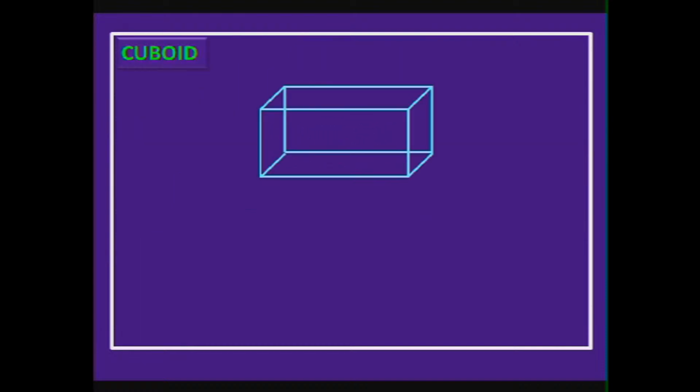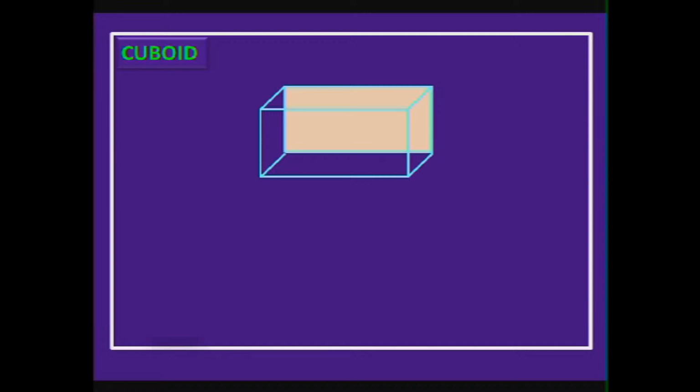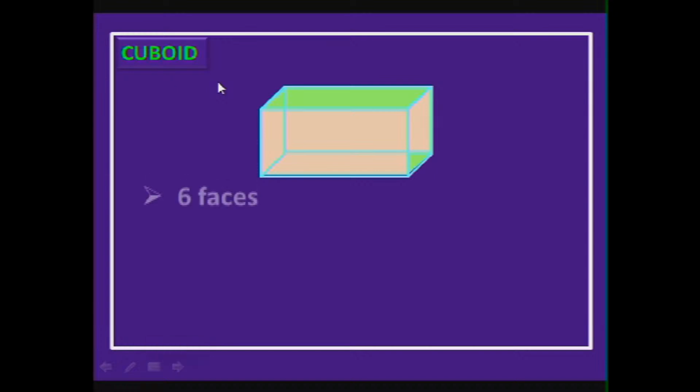Children, if you notice this cuboid, can you tell me how many faces this cuboid has? Yes, it is 1, 2, 3, then here there is one more, 4, this is 5 and then next we have 6. So altogether, there are 6 faces.